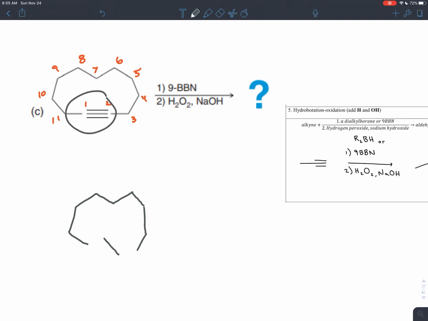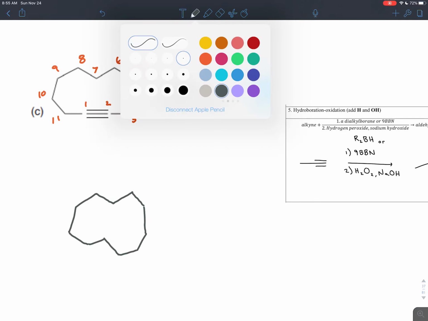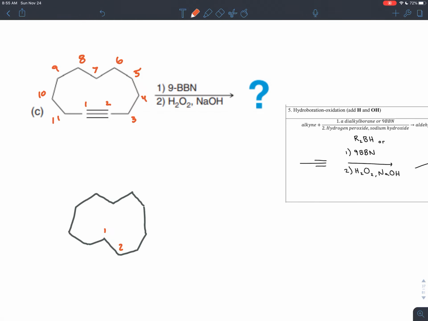And then these are going to be our 2 carbons here. So if you're numbering that, this would be 1 and 2. And then you'd go around 3, 4, 5, 6, 7, 8, 9, 10, 11. So those are our 11 carbons.